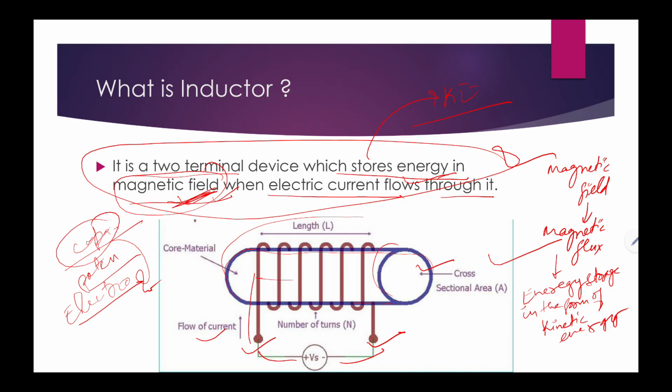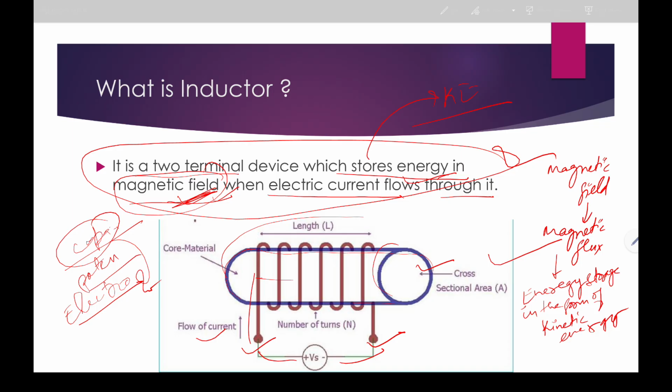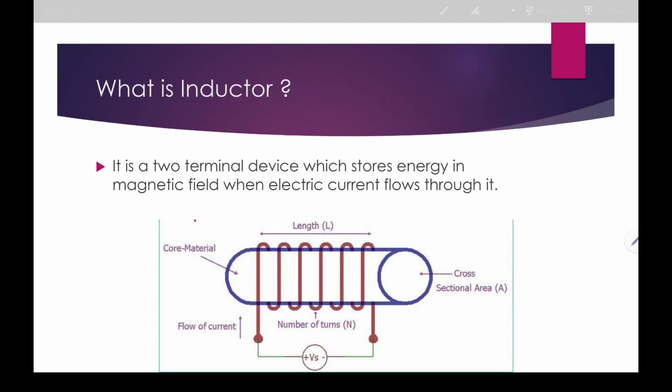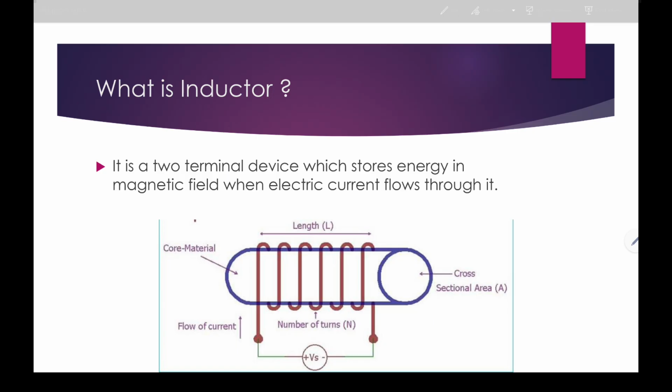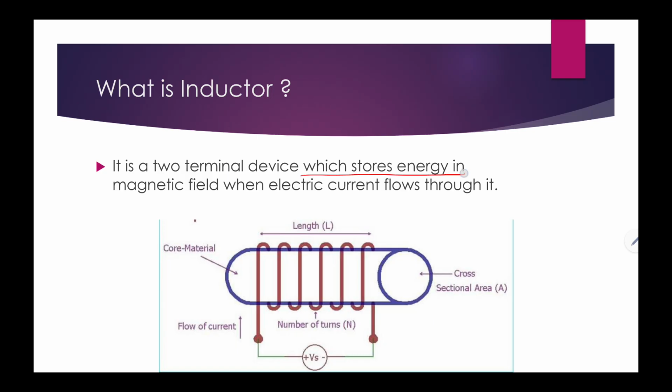So this definition is important. I'll discuss it again so that you all get a good understanding. It is a two terminal device which stores energy in a magnetic field when electric current flows through it. So we want to flow the electric current through this coil which is wound on a core.